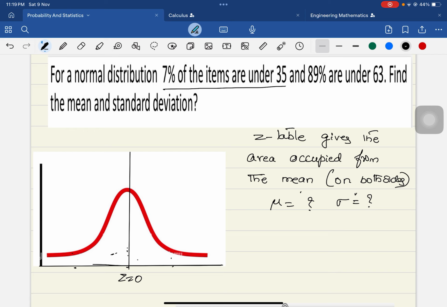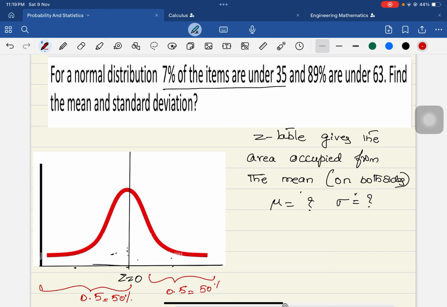What do you know about the region here? The left side of 0 is 0.5, and the right side of 0 is also 0.5. That we know, or you can say it is 50%.